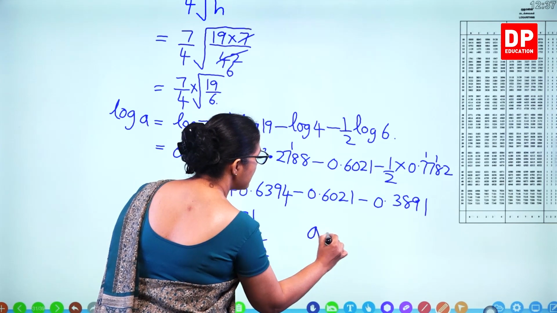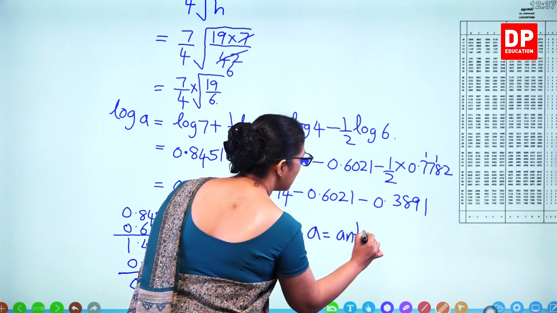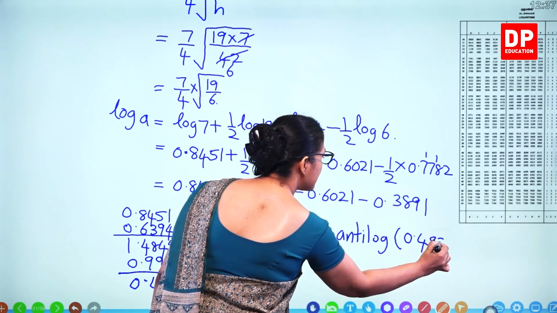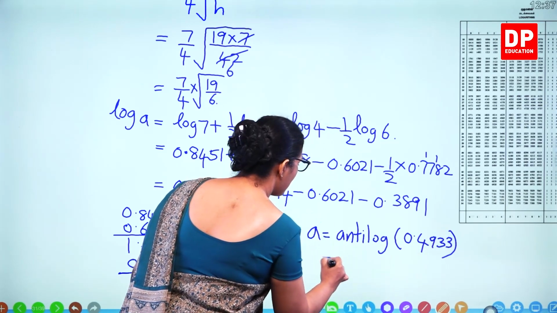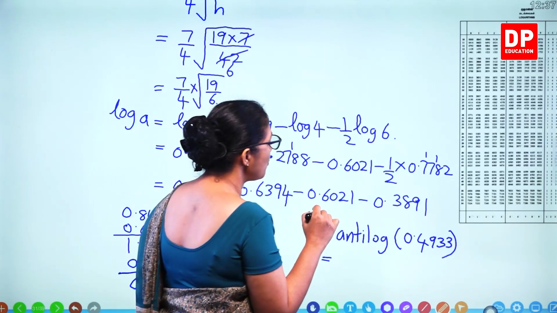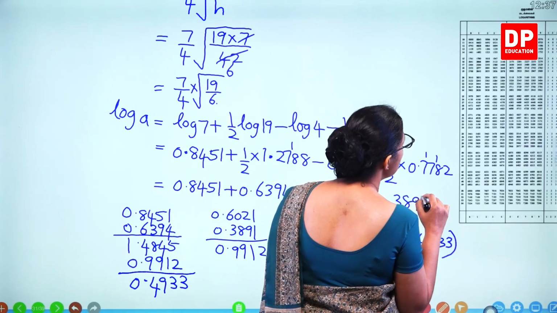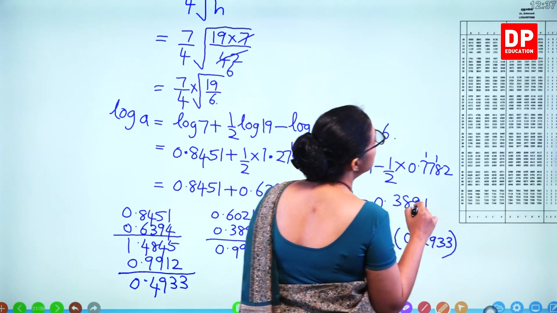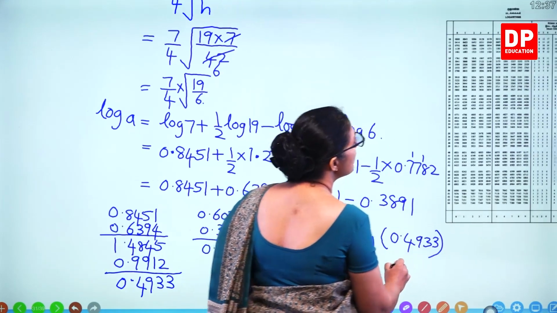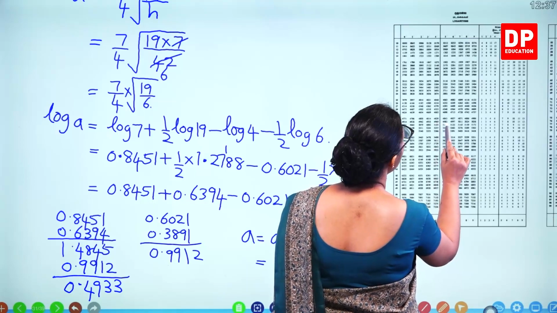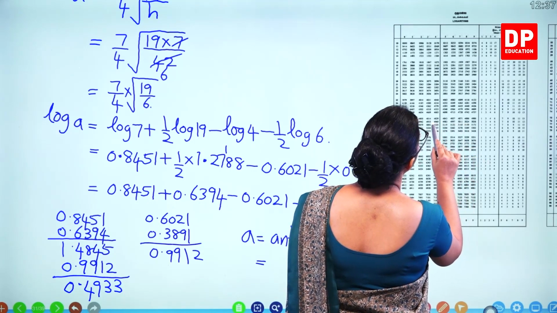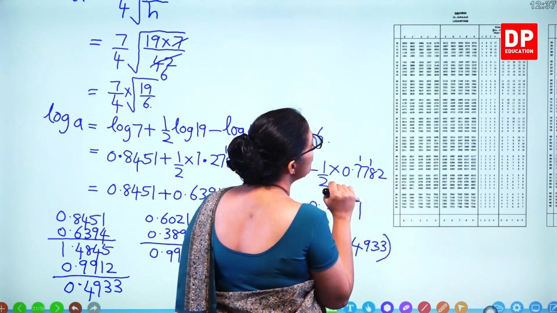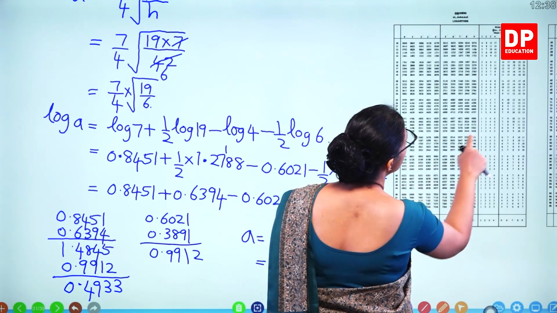So A is the anti-log value of 0.4933. Refer to the table and see where you get 0.4933. You need to refer carefully. 4933, 28 is there, so you need another 5.